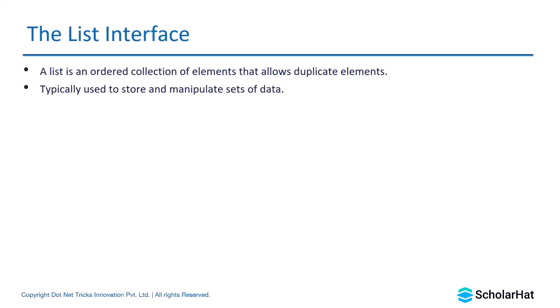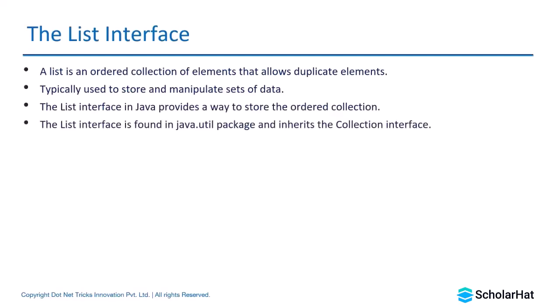A list is basically used to store an ordered collection of data, and it may allow elements being inserted that contain a specific value. The list interface is found in the util package and inherits the collection interface.